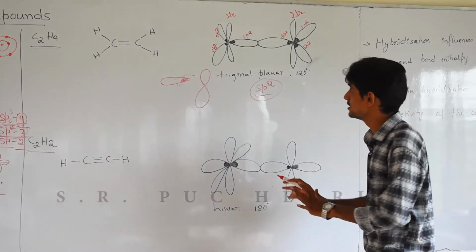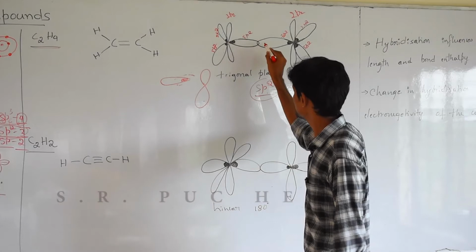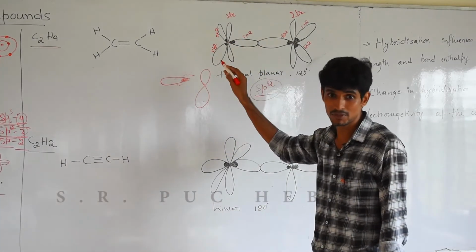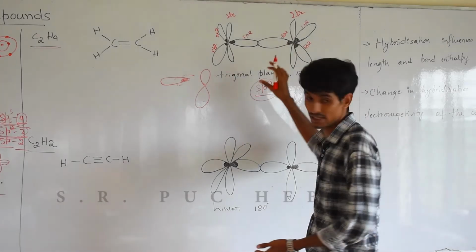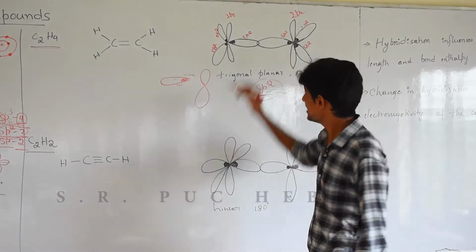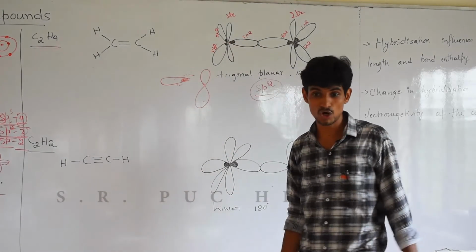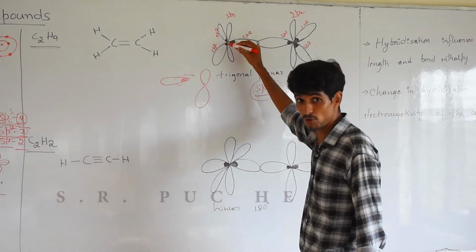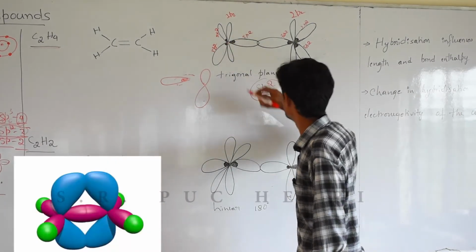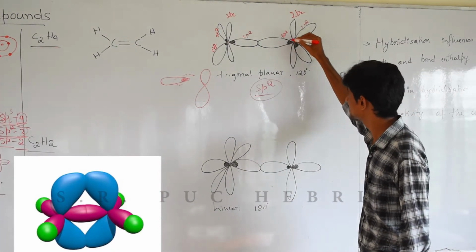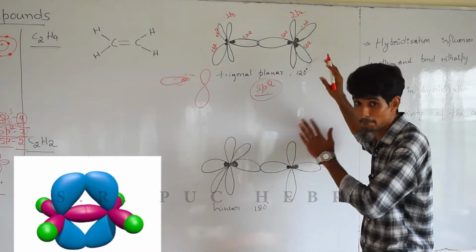This is because all these sp2 hybrid orbitals will be in one plane, and the remaining unhybridized orbital has one lobe above the plane and one below the plane. Imagine these three sp2 hybrid orbitals are in a plane.